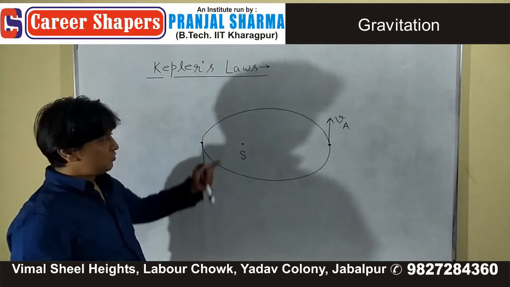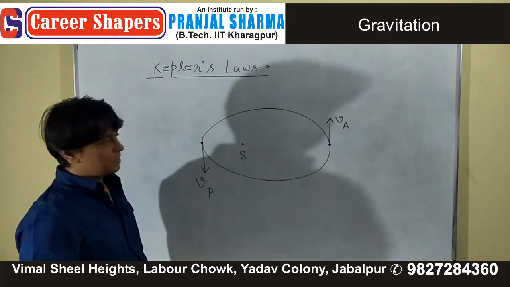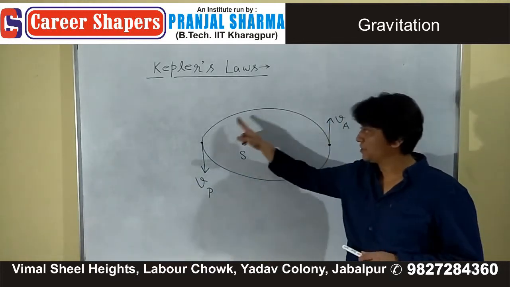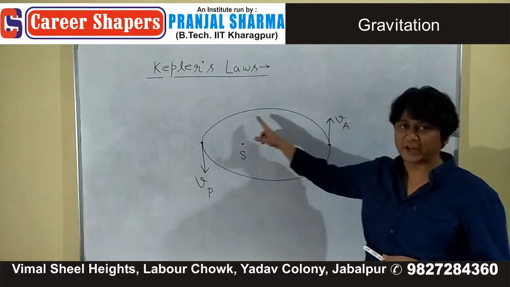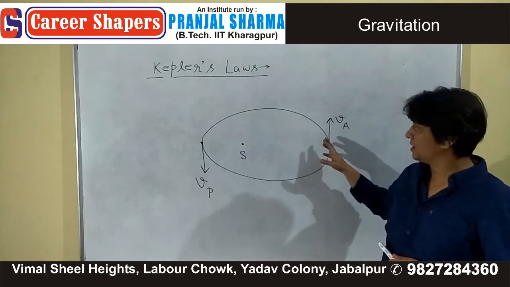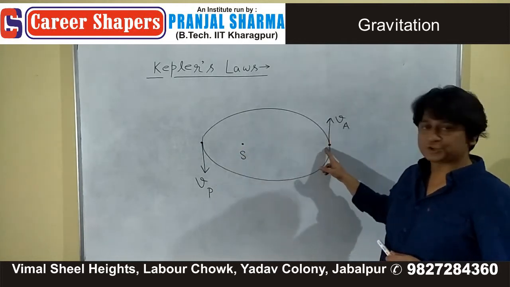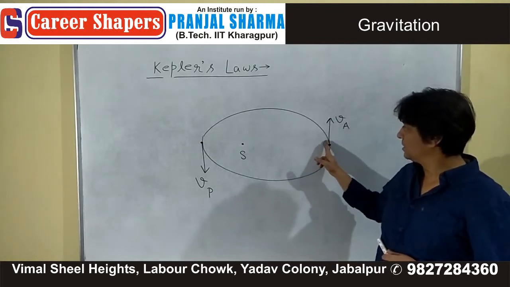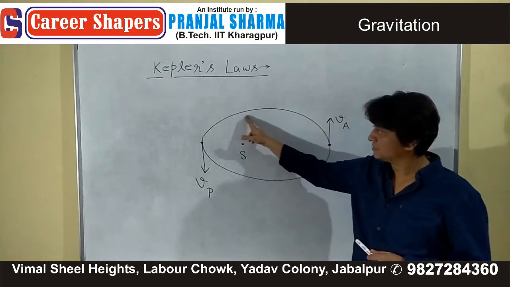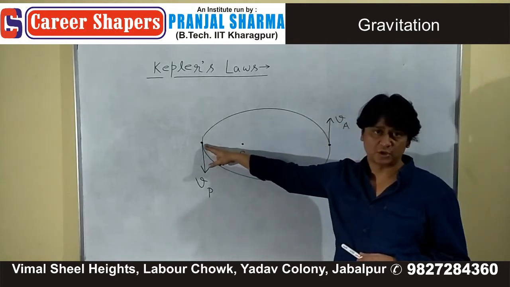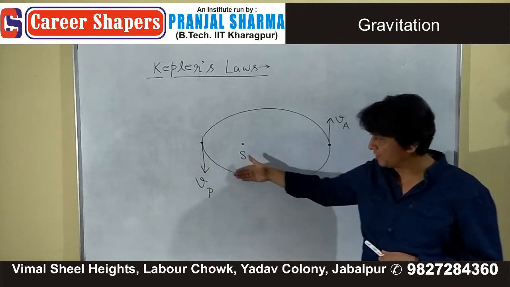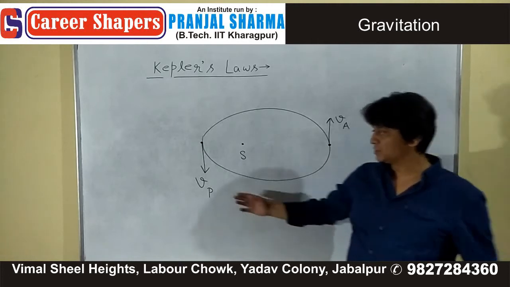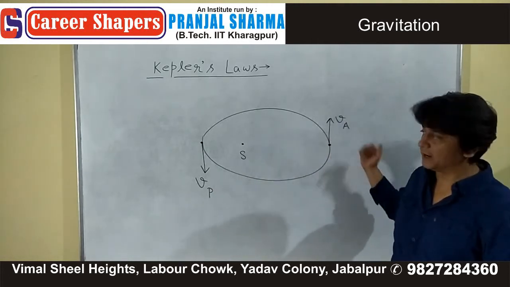Our aim is to find VA and VP. At every point, speed is changing continuously. The farthest you are from the Sun, your velocity is least. Then it increases and becomes maximum at perigee. And then again, as you move away from it, velocity decreases. We need to find this VP and VA.